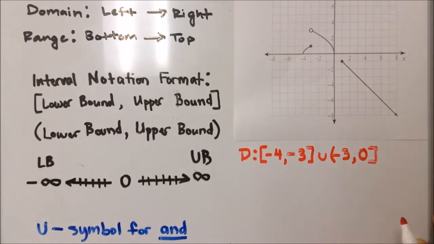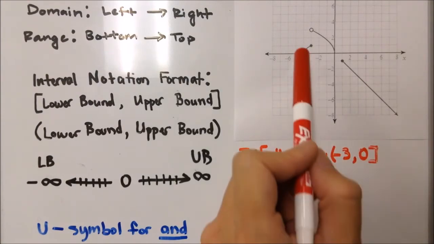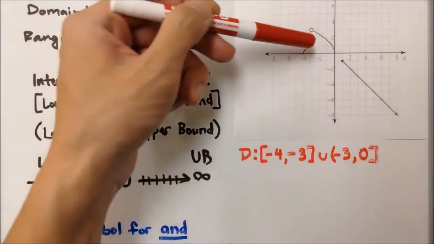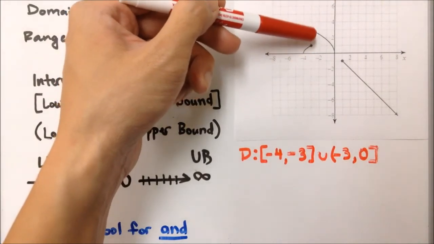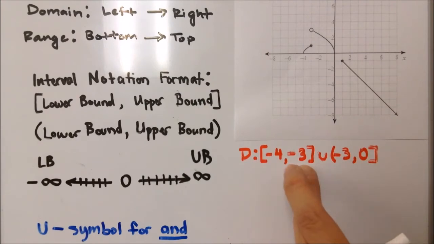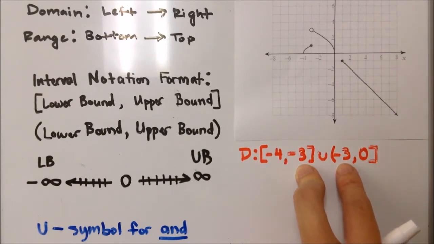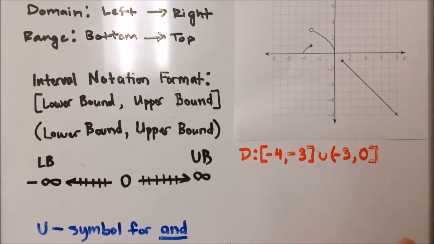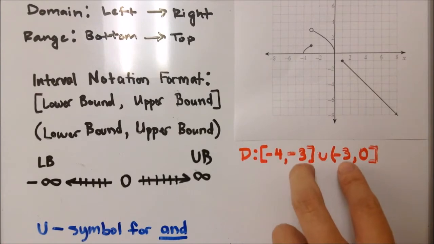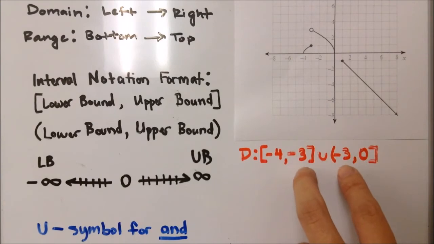Alright, so let's take a closer look. Those two functions that we discussed on domain, as you can see, overlap. There's a -3 on the left domain, and there's a -3 on the right domain. The difference from the last example was that even though two numbers were the same, both of them were parentheses, so they were split.